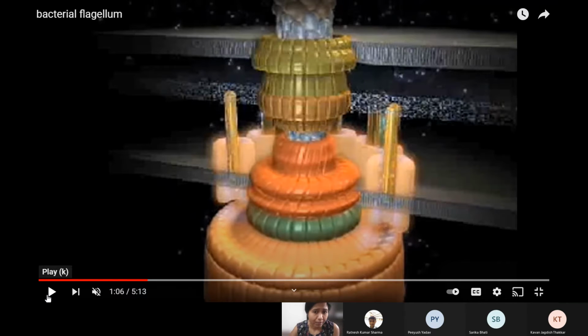It was current that was producing an electromagnetic field that could drive this motor. But what is driving the motor here is neither ATP nor GTP. What is driving this motor is actually a proton motive force or an ion motive force.